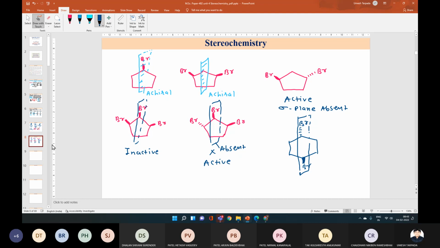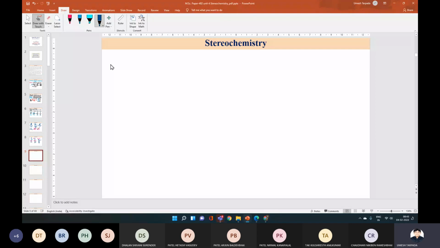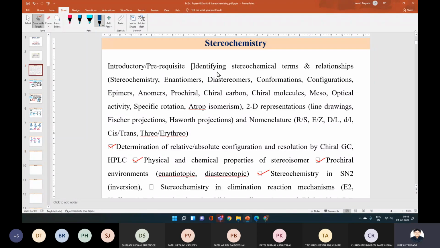Now, after checking optical activity, the very important thing is how to represent a molecule in different conformations. In your syllabus, you know very well, the concept of optical activity we have finished.